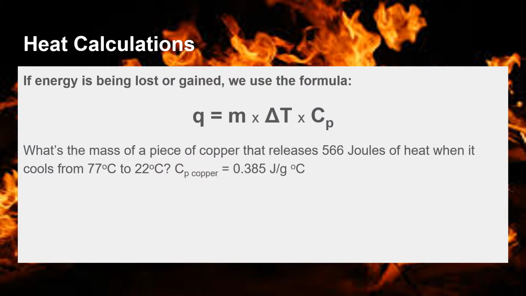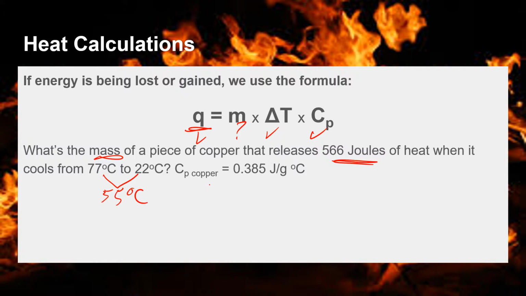All right, moving on. Here's the new one. So this time we still have the joules. Now we're given the change in temperature, keeping it positive, which would be 55 degrees Celsius. And here's the specific heat. So we have this, we have that, we have this. We're looking for the mass. So that's our question mark.